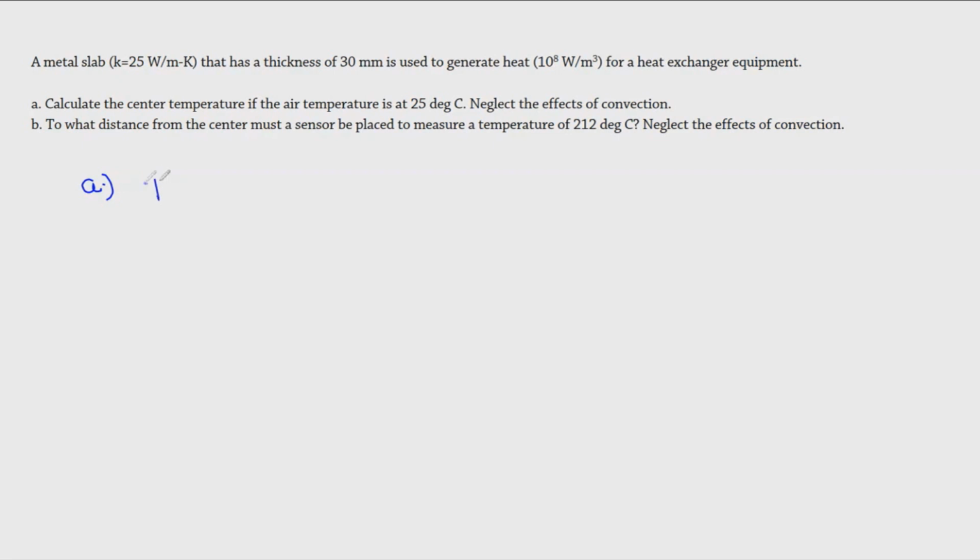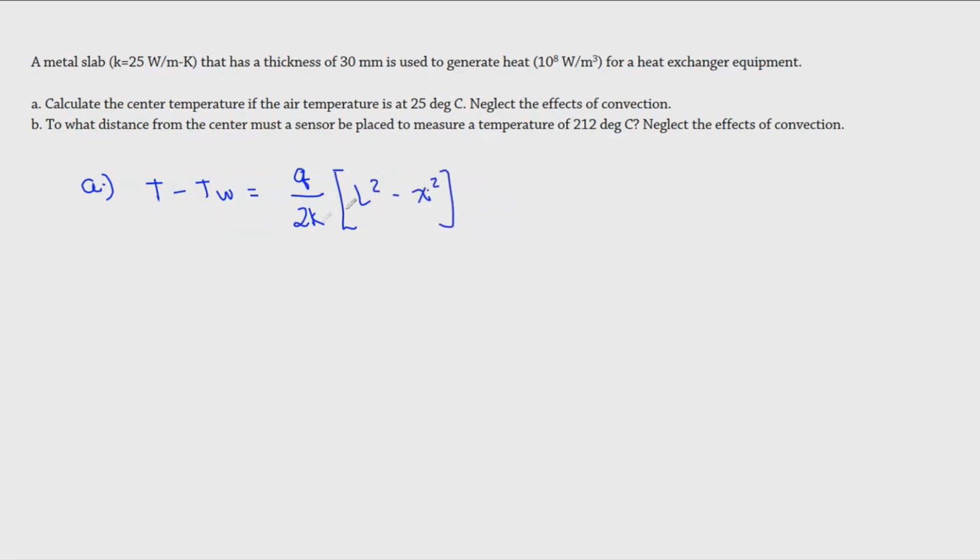We have T minus TW equals Q, the heat generation per unit volume, over 2K, since this is a metal slab, multiplied with L squared minus X squared.